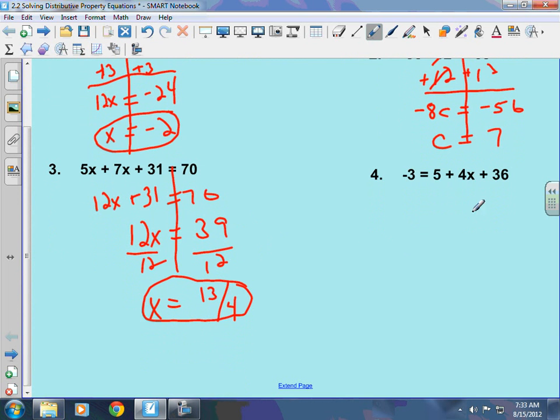So 39 over 12 reduces to 13 over 4. If you didn't reduce it, it is wrong.